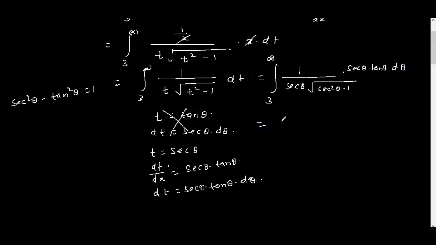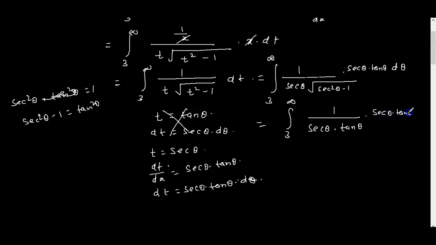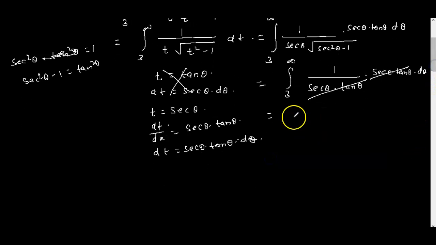So now secant square theta minus 1 is equal to tan square theta, right? 3 to infinity, 1 by sec theta, and I can write only the square root of tan square theta, times secant theta into tan theta d theta. The square root is there, no? So this is 3 to infinity, only 1 d theta. So the integration is theta, right?